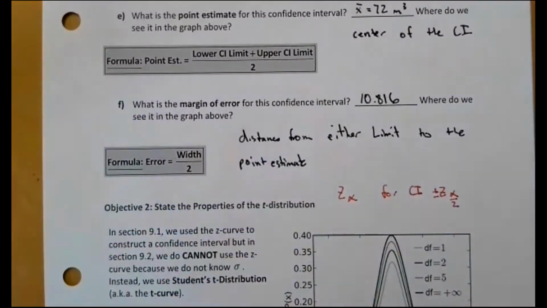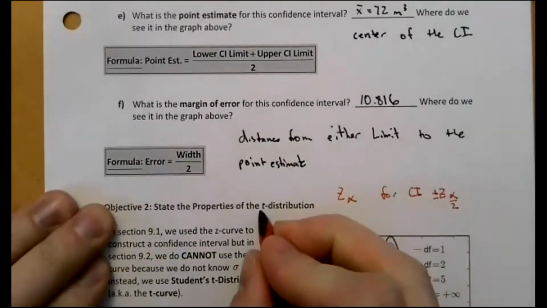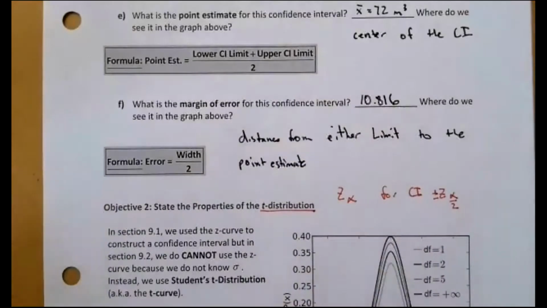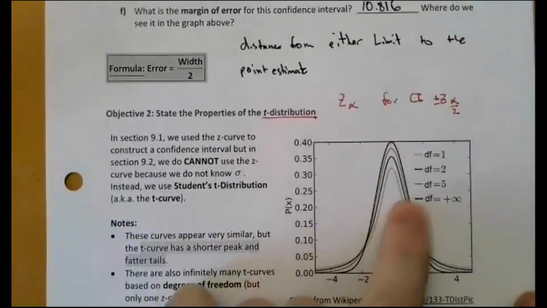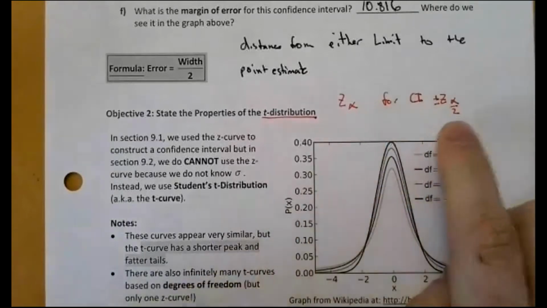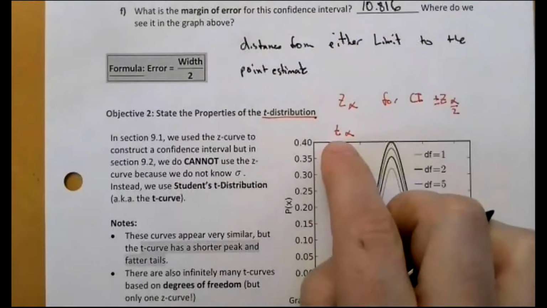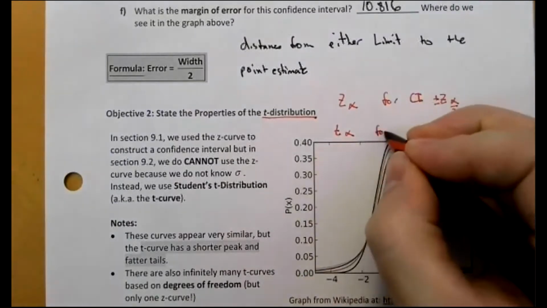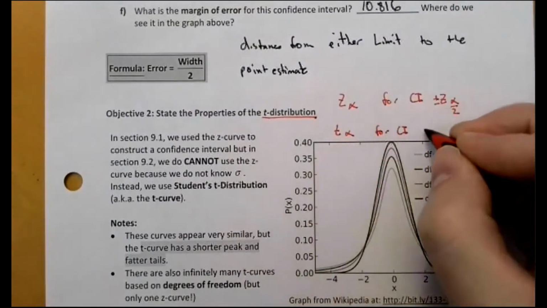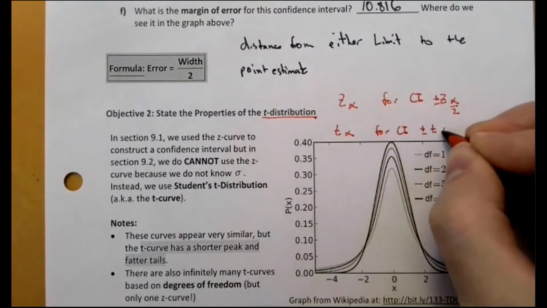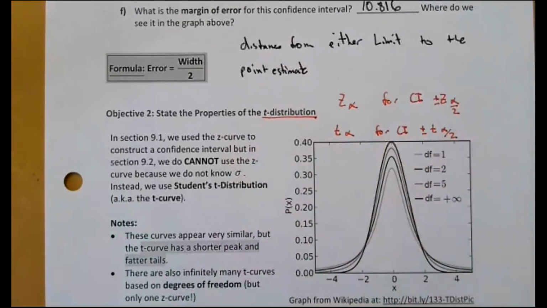Well, for means, we have to use a totally different distribution. It's called the T distribution. So this is not the Z curve. It is a T alpha. We call that a T critical value. And for confidence intervals, we're going to use plus or minus T alpha divided by 2.